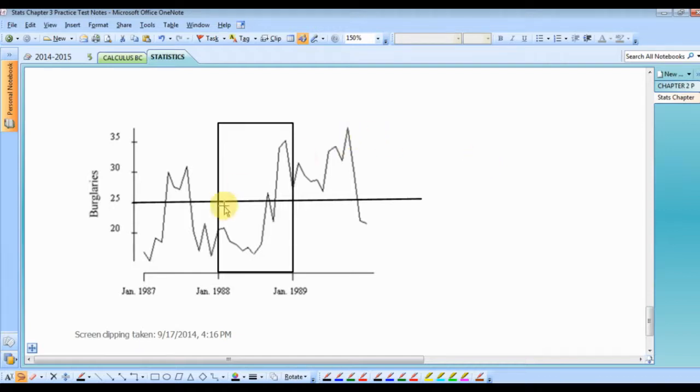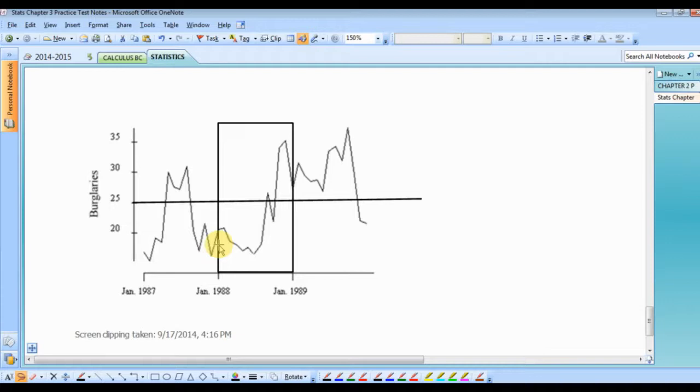There seems to be more underneath the line than above the line. It looks like more months are below the line than above it. So 25 can't be the median.